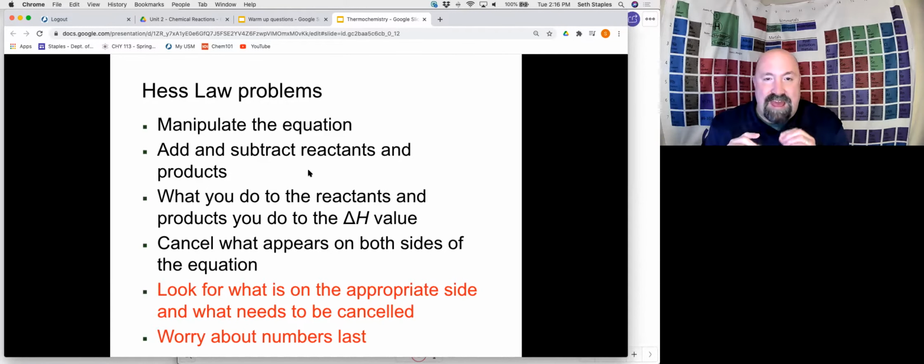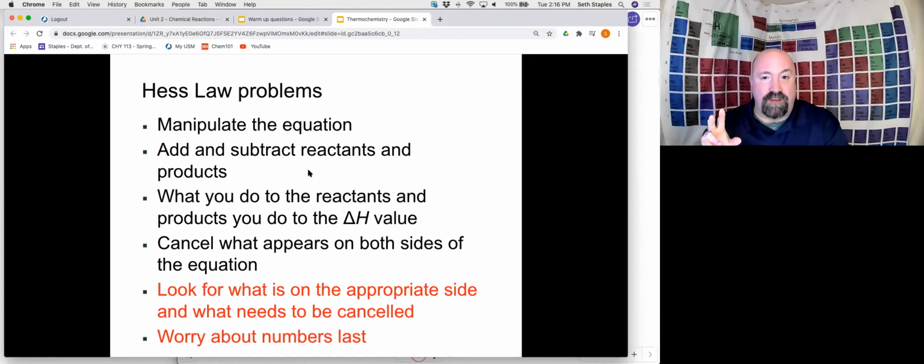But the general steps are you manipulate your equations however you need to in order to get the products that you're looking for all on the product side, and the reactants that you're looking for all on the reactant side. And you need to manipulate things so that things that you don't want in your final equation cancel each other out.